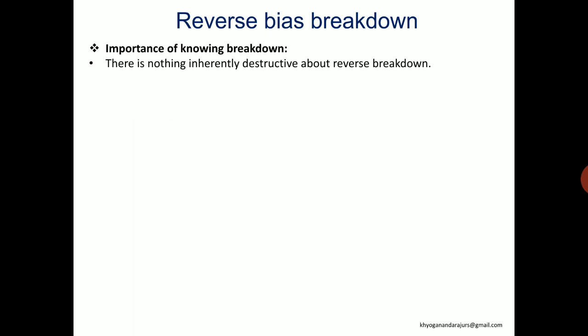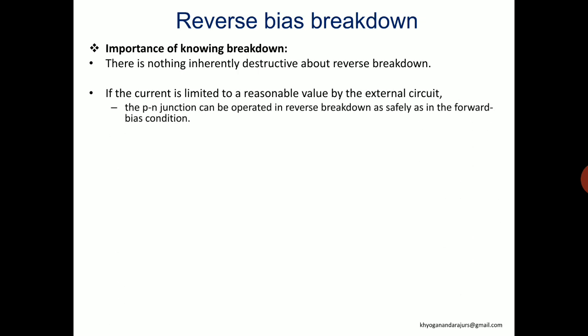Okay, what is the importance of knowing breakdown and how to avoid it? We saw that because of the sudden increase in the current, the circuit and the device may get damaged, but the device and the circuit will not get damaged merely because of the reverse bias. It is affected because of the sudden increase in the maximum current flow. It may be in the forward bias also, or in the reverse bias.